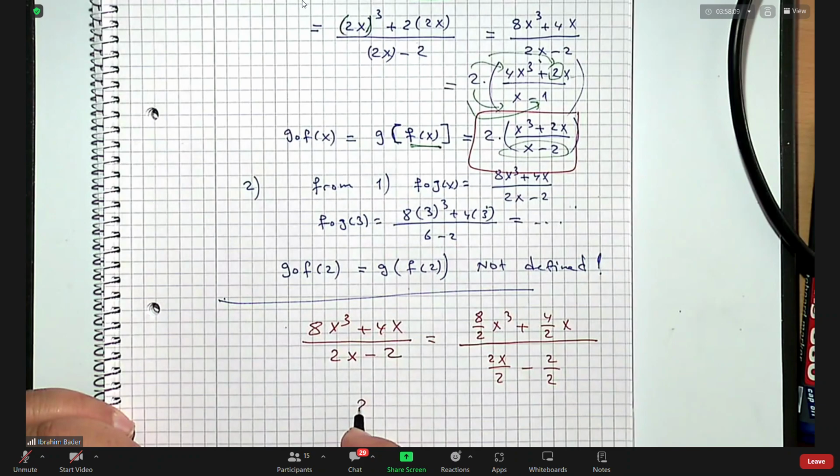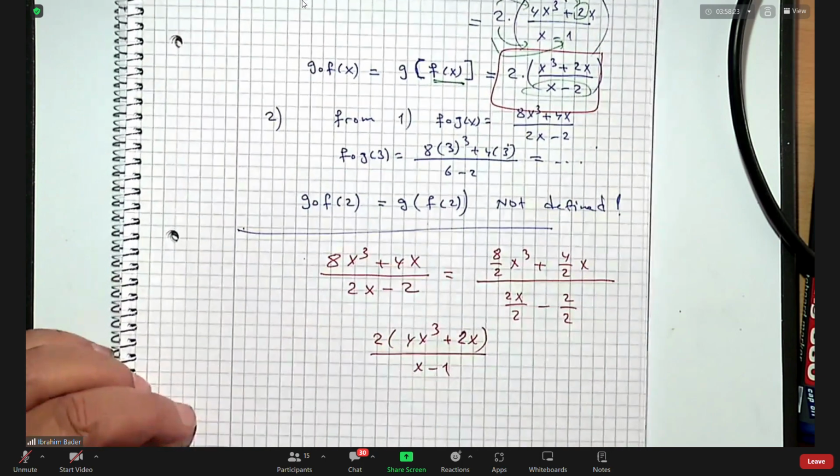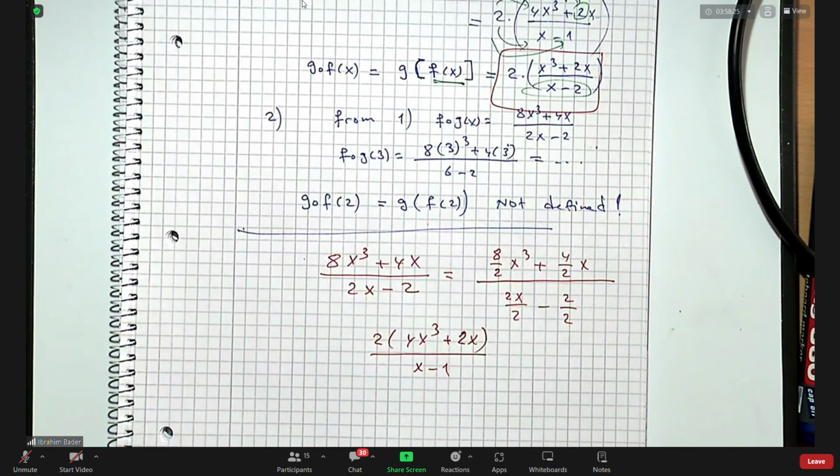So if you write it 2 times 4x cubed plus 2x, and this one here x minus 1. It's the same, isn't it? It's just the same.